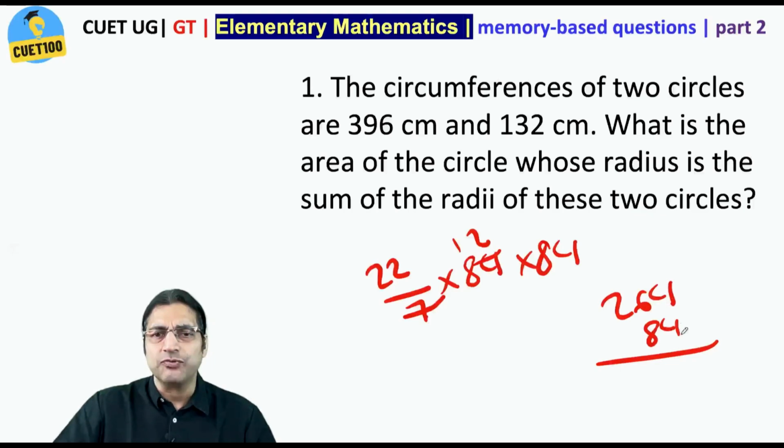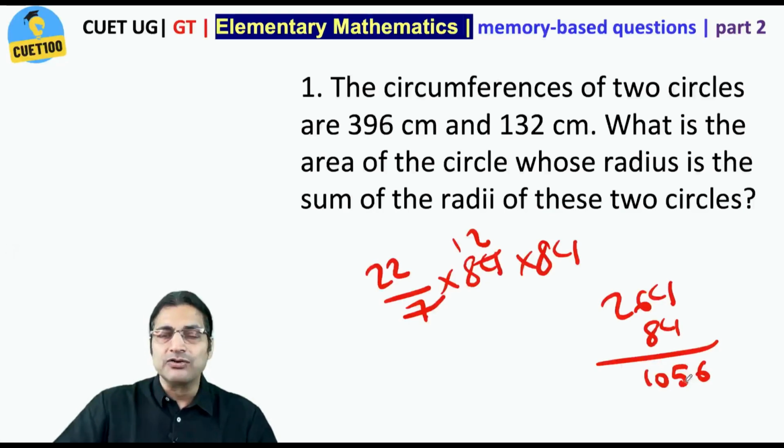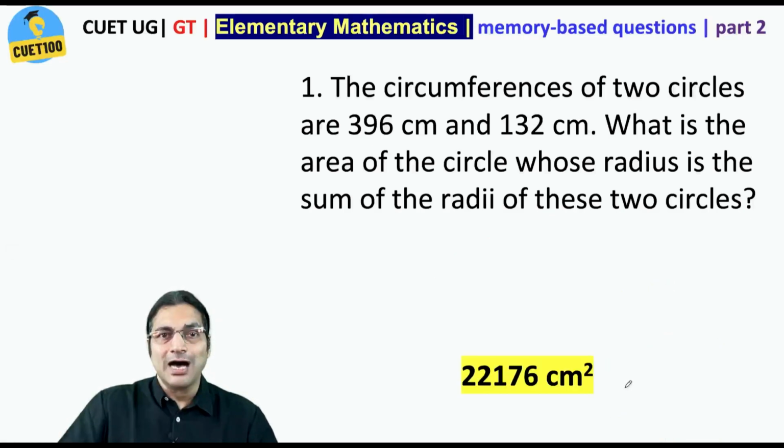So, 250 plus 14 into 4 would be 1056. And this time you have to get 264 into 8. So, take 2 times of this number, that is 2112. So, this gives you 22,176, and that is your answer.